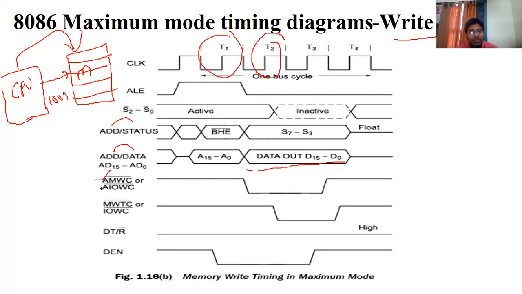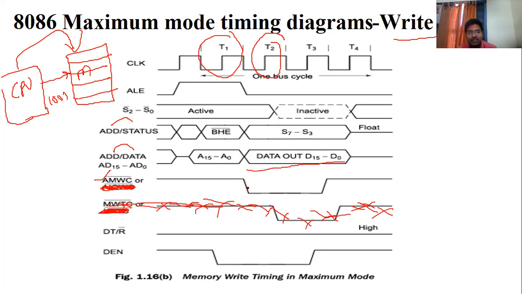See this pin: because you are not performing the input output write operation, we are performing on the memory, so there is no use of these pins. We also cancel these. In the examination you can also erase these. Please note this down. Erase this, there is no use of this one.